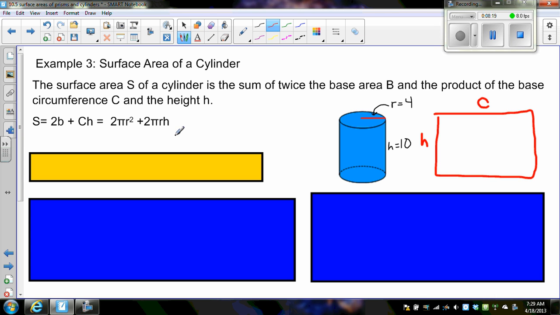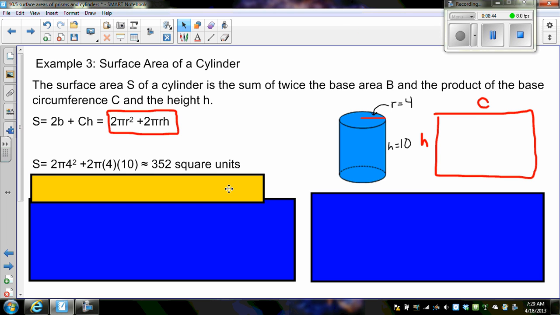And we can write that out instead using what we know for circles. So 2 pi r squared gives us the area of the circles, and we multiplied it by 2 because there's a top and bottom, plus 2 pi r h. So 2 pi r gives us the circumference, and h gives us the height.